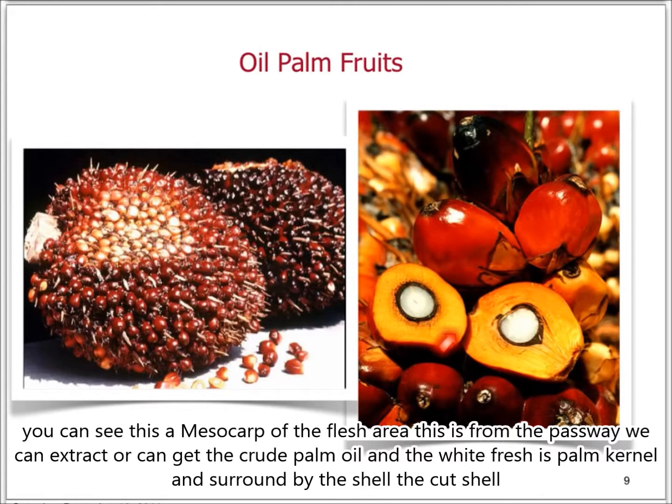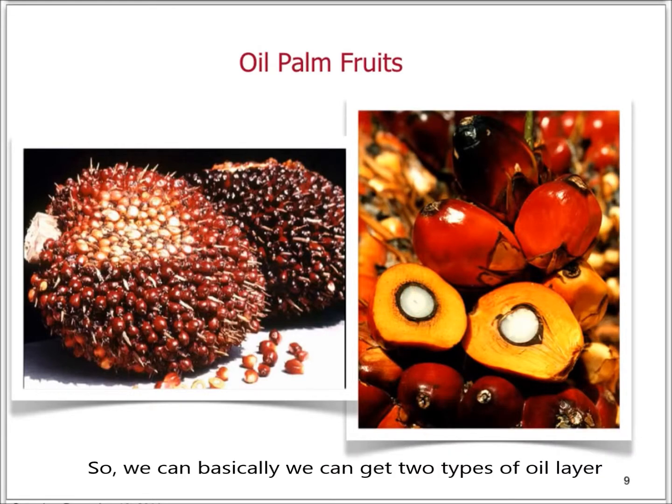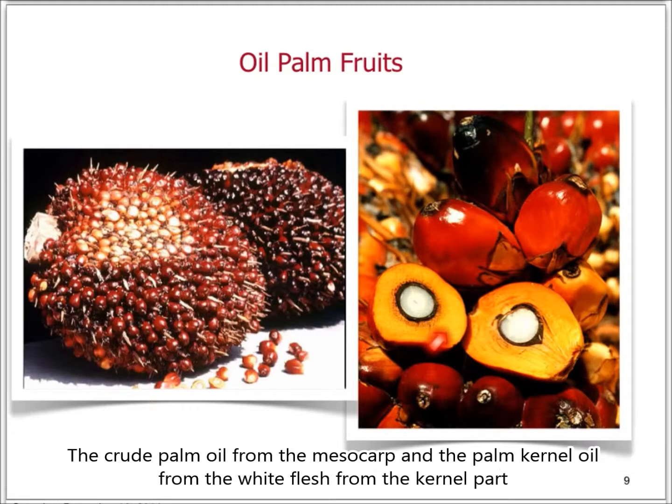This is the part where we can get the crude palm oil, and the white flesh is the palm kernel, surrounded by the hard shell. So we can get two types of oil here: the crude palm oil from the mesocarp, and the palm kernel oil from the white flesh or from the kernel part.